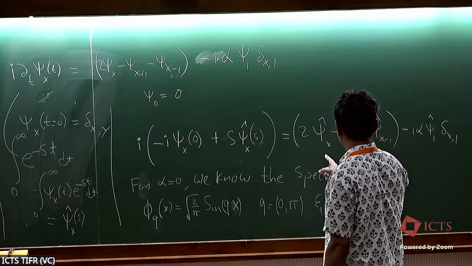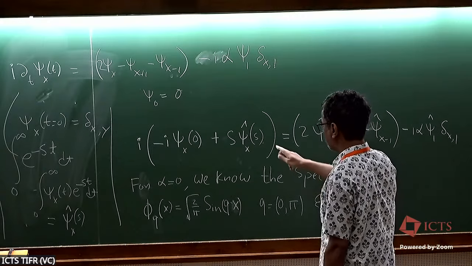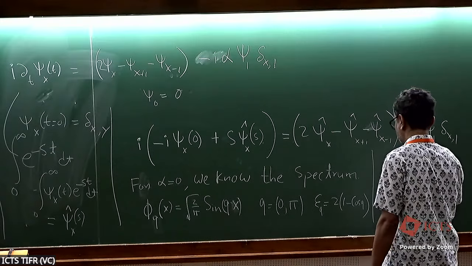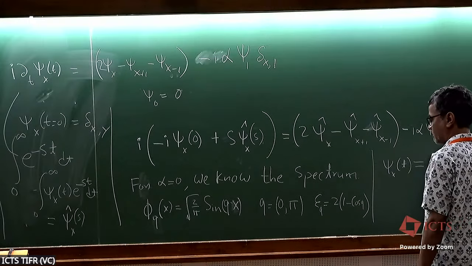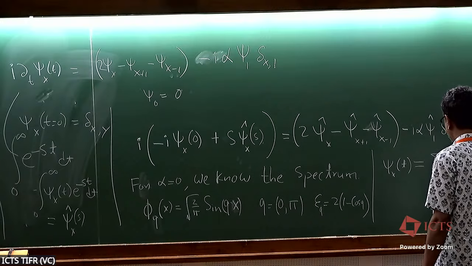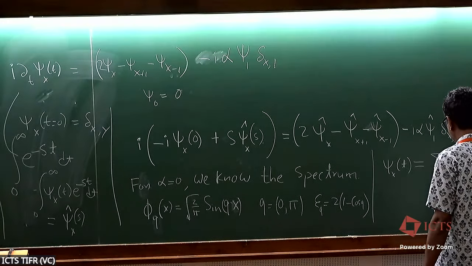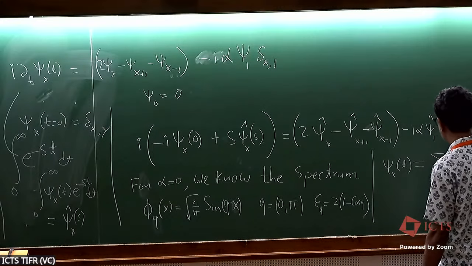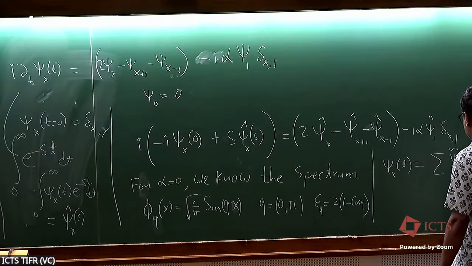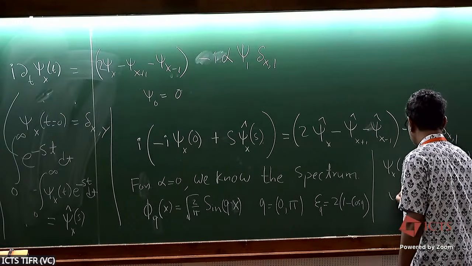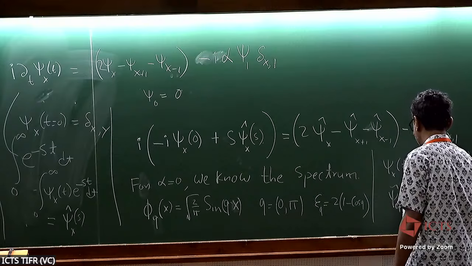Okay, so now we will expand psi xt in this basis. Let's put here q, and maybe I'll use tilde, psi q tilde t. So these are the Fourier expansion coefficients, and the inverse is given by psi q tilde t.